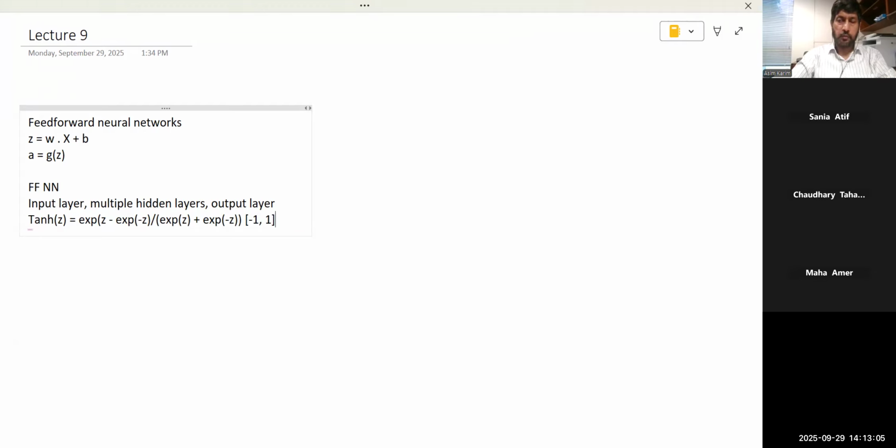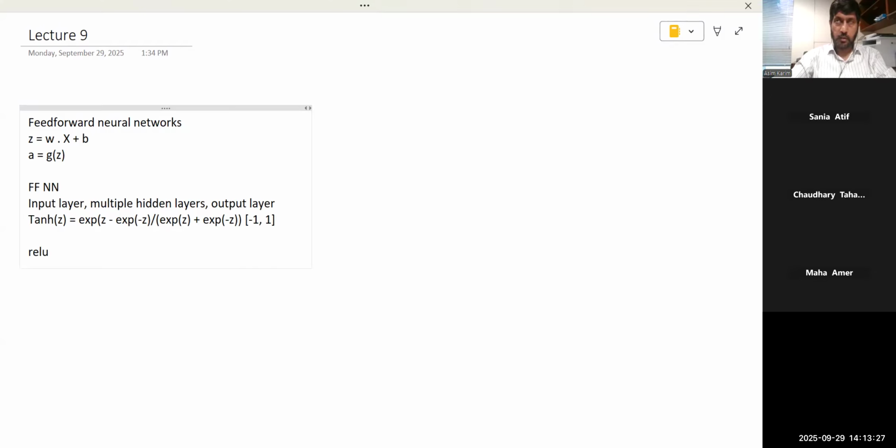It is continuously differentiable, and its derivative becomes close to 1 as you approach 1, and also -1. And of course, its value is 0 at Z equal to 0. Okay, let me write the other one as well.